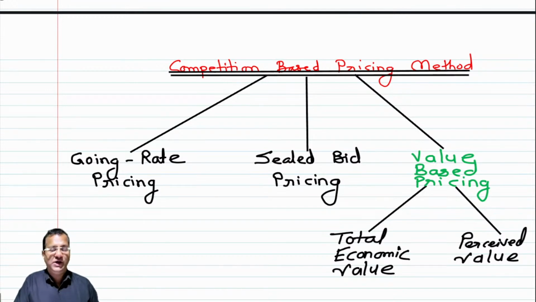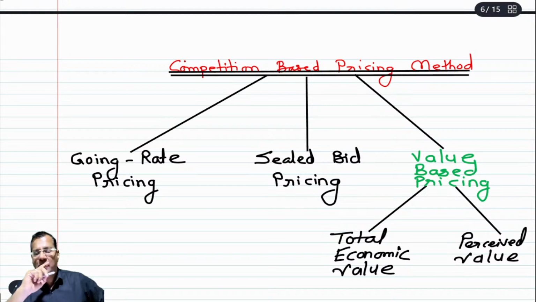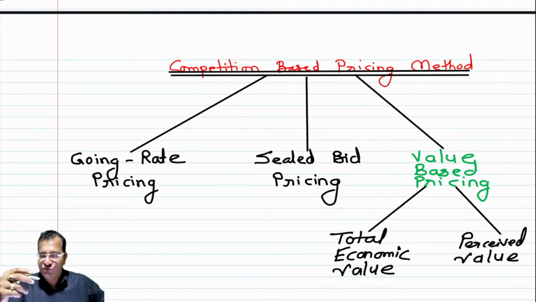Just think over it, beta. Competition-based pricing method means whatever price is prevailing in the market, that is, whatever price is charged by my competitor. Should that same price be charged by me, or can I alter that price marginally high or marginally low?